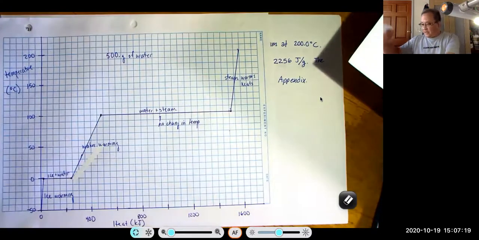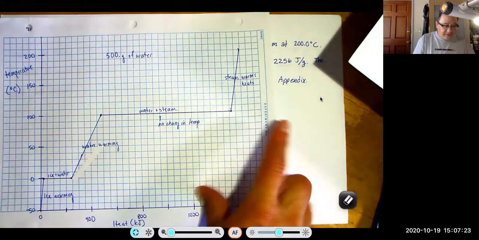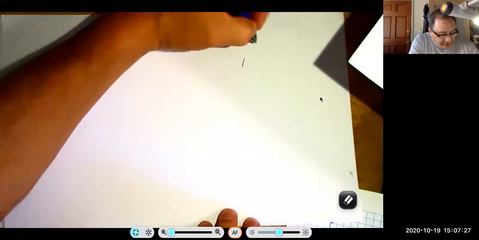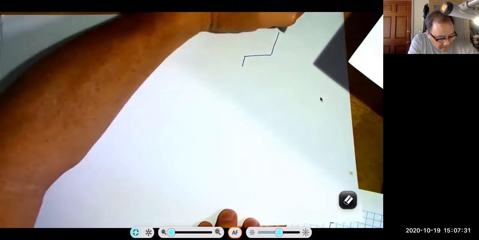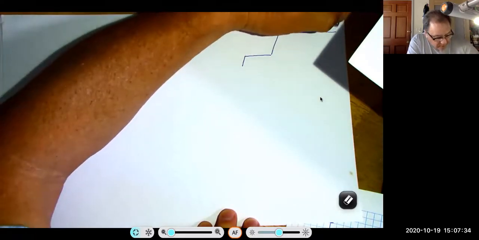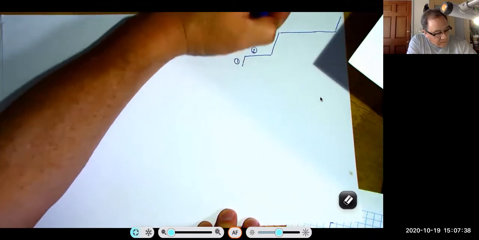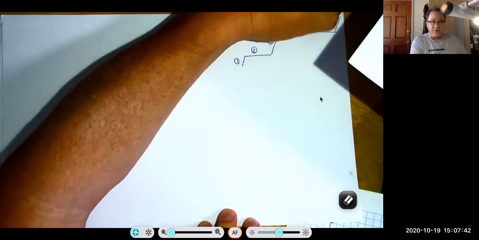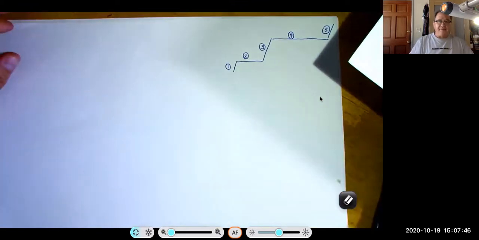So what I'm going to do to help us do this is I'm going to redraw this chart, but in miniature. So we've drawn it in miniature and we've split it into 5 different parts.